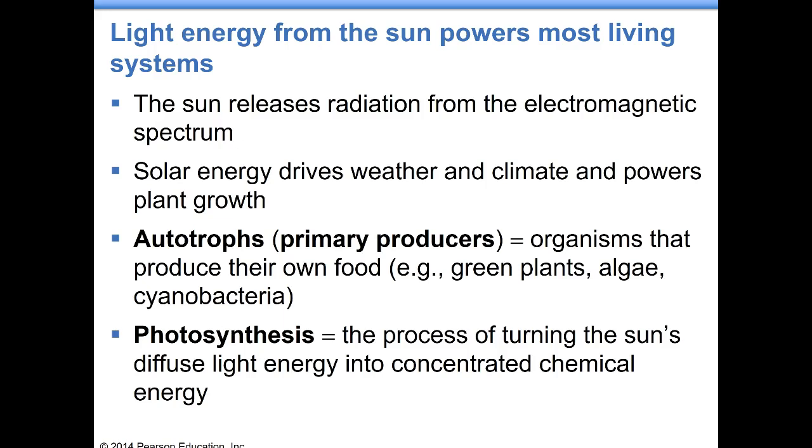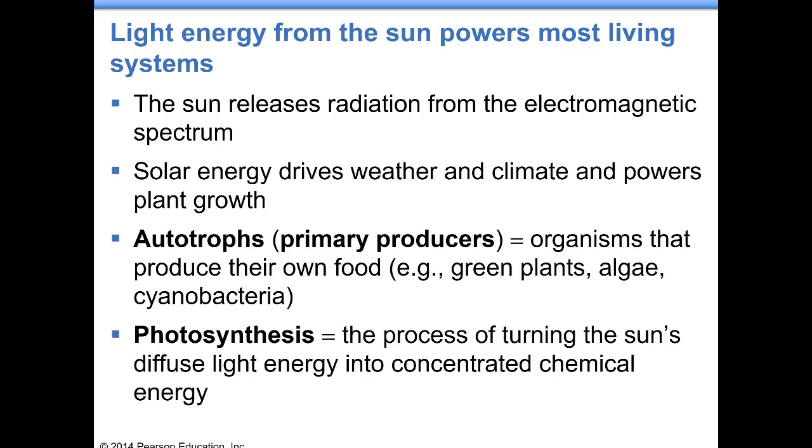So let's talk about the organisms that use sunlight. And they are autotrophs, or primary producers. So they're the self-feeders. They're the ones who can take that energy from sunlight and convert it into glucose. They can produce their own food. So these are going to be organisms like green plants, algae, cyanobacteria.